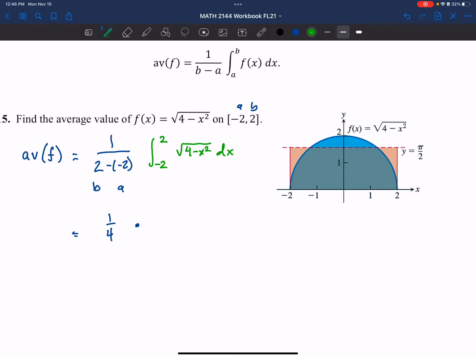So a semicircle is going to be pi, radius is going to be 2 squared, and then we divide it by 2 because it's a semicircle. So this is 1/4 times 2 pi, which is ultimately just pi over 2.